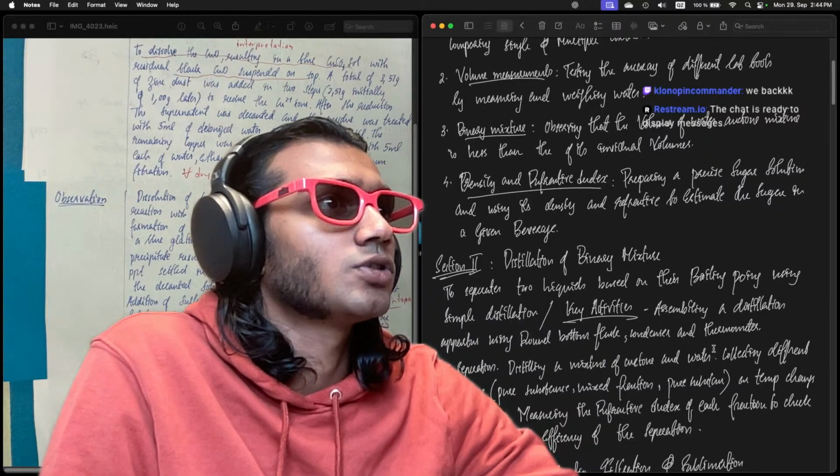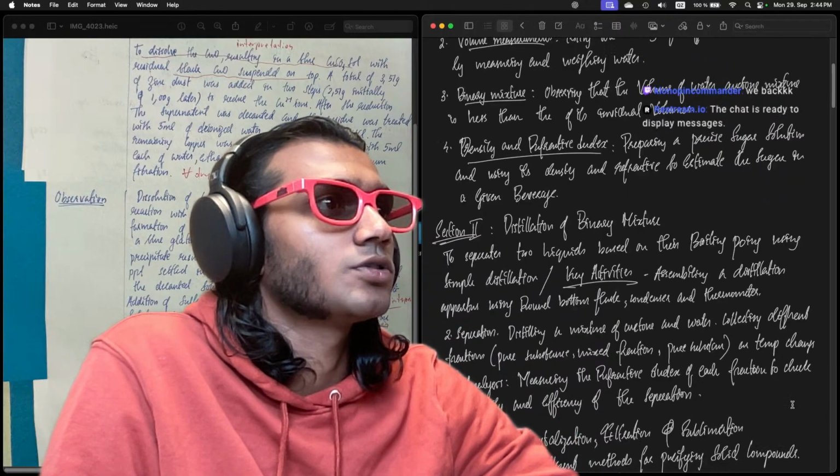Distillation of a binary mixture to separate two liquids based on their boiling points using simple distillation. Key activities: assembling a distillation apparatus using a round bottom flask, condenser, and thermometer.